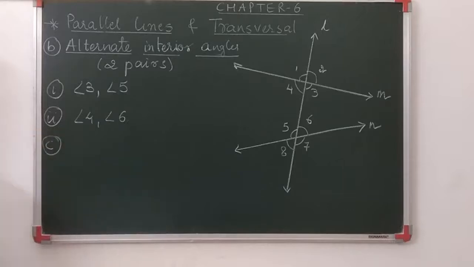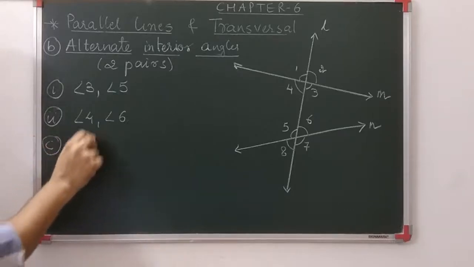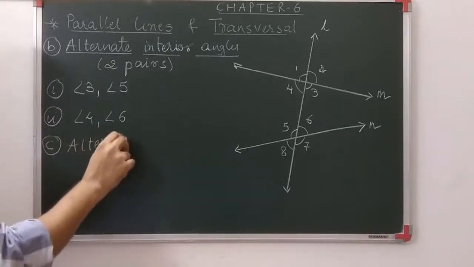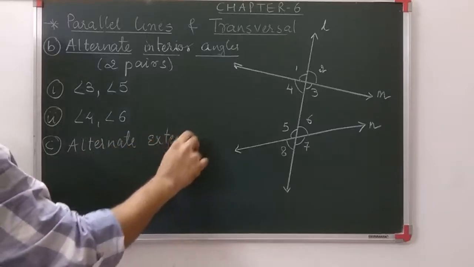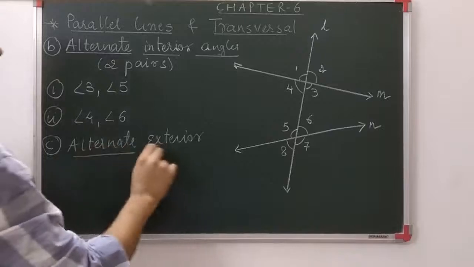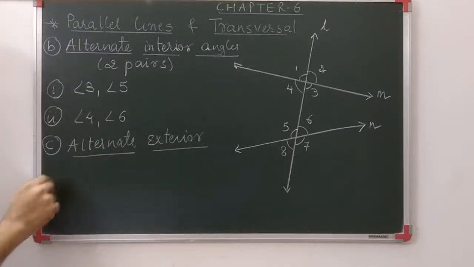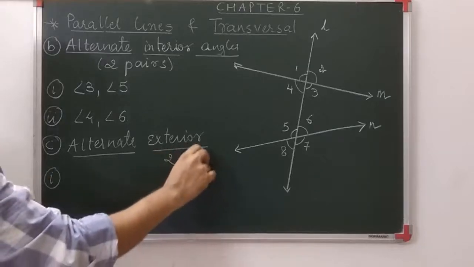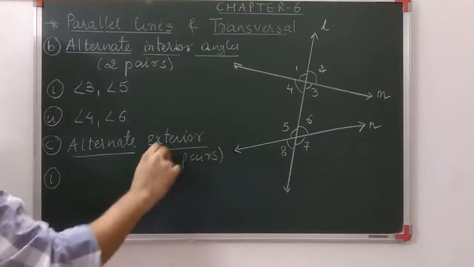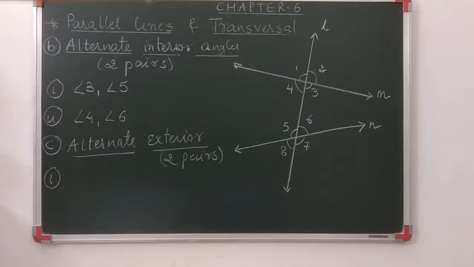Let's go for the third type, the pair of alternate exterior angles. So let us understand this. Now they must be exterior angles. So again there would be 2 pairs in this. Pair of alternate exterior angles.